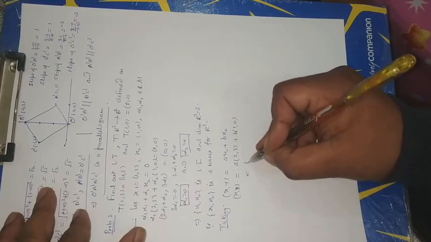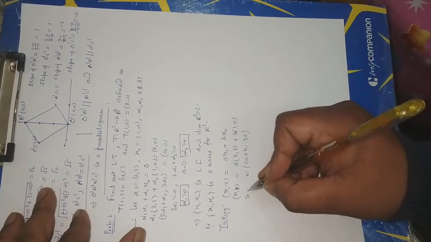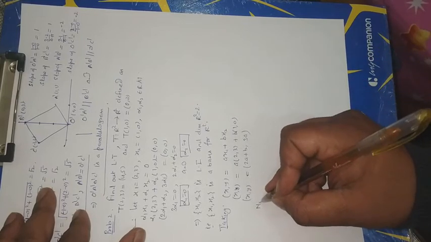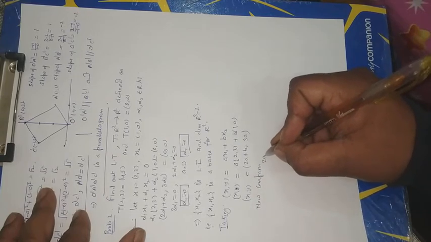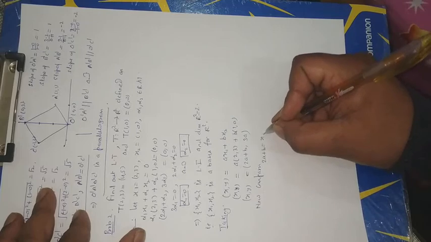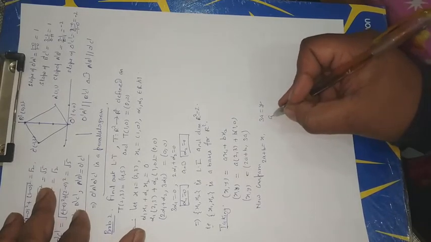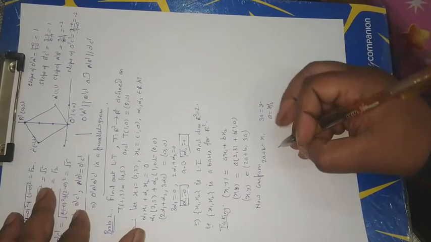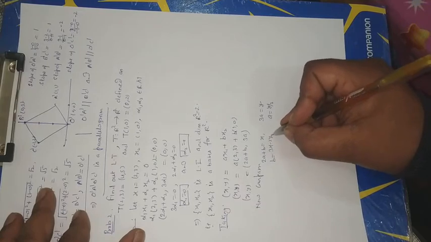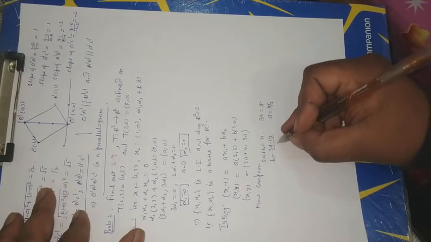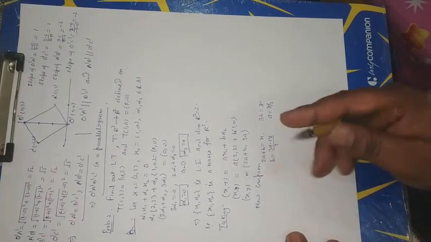This is equal to (2a plus b, 3a), which is equal to (x, y). Now comparing, 2a plus b equal to x and 3a is equal to y, that is a equal to y by 3 and b equal to (3x minus 2y) upon 3. Okay.